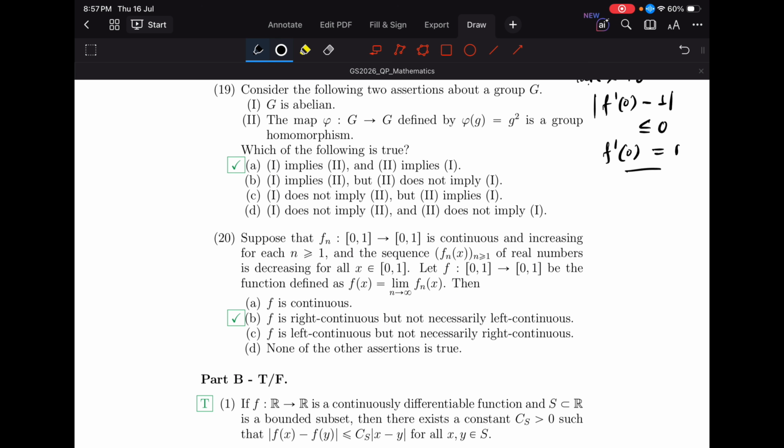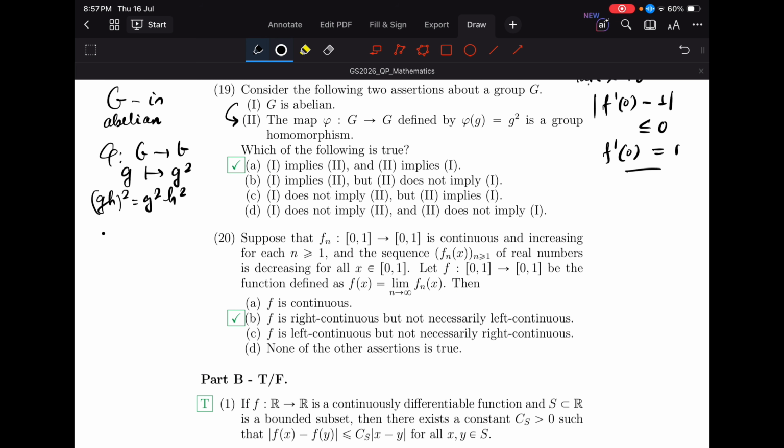Consider the following two assertions about the group G. G is abelian. If G is abelian, then the function from G to G, g goes to g square, is a group homomorphism, because (gh) whole square equals g square h square for abelian groups. So 1 implies 2.